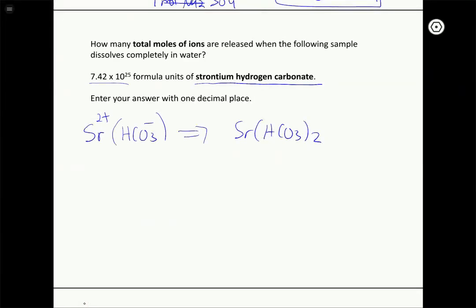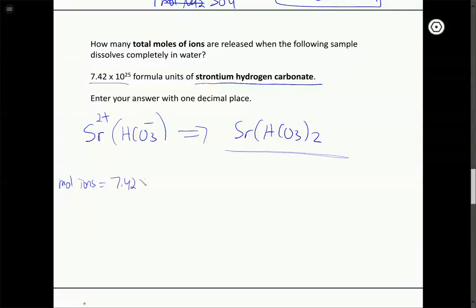Okay, so we're trying to find what happens when we dissolve this many formula units of strontium hydrogen carbonate. We want to know how many total moles of ions are released. So we're looking for moles of ions, and we have 7.42 times 10 to the 25th formula units. That's sort of the ionic analogy of a molecule.